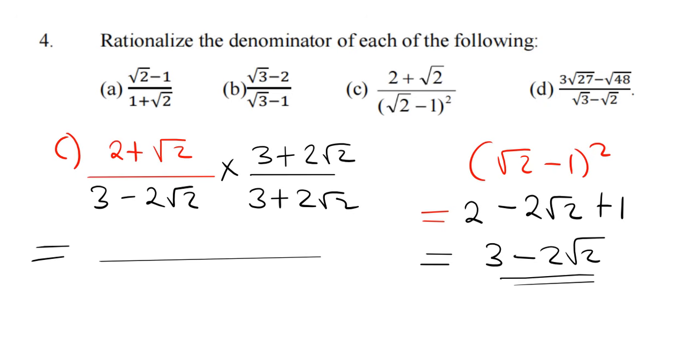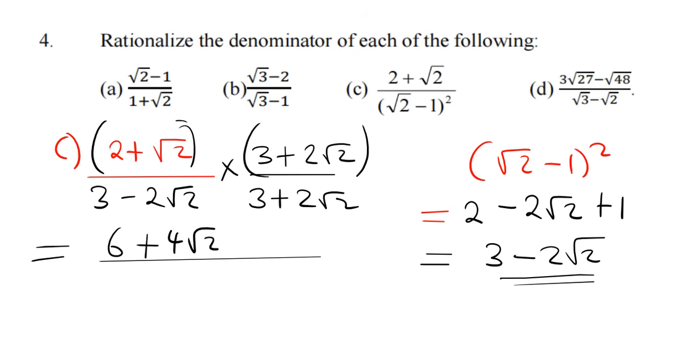So our answer therefore is, we just have to now distribute, or let me say expand, what we have on top. So this multiplied by that. 2 multiplied by 3 is a 6, plus 2 multiplied by 2 root 2, I'm going to have 4 root 2.